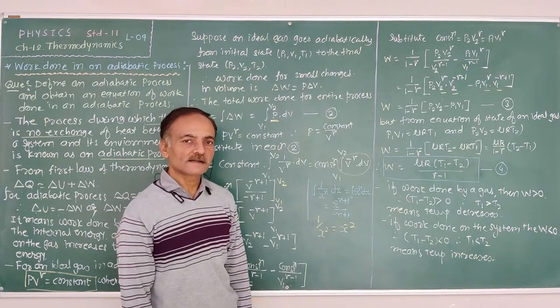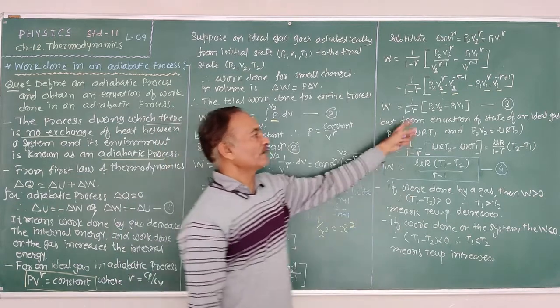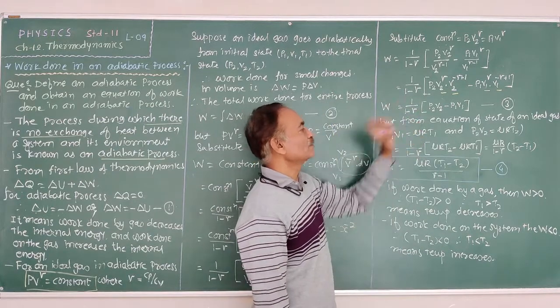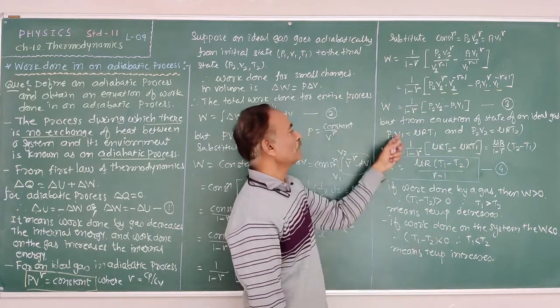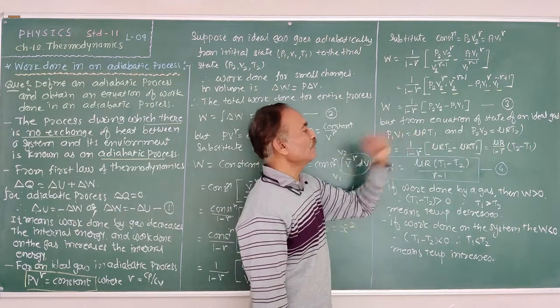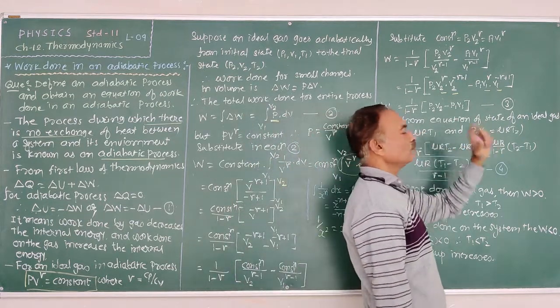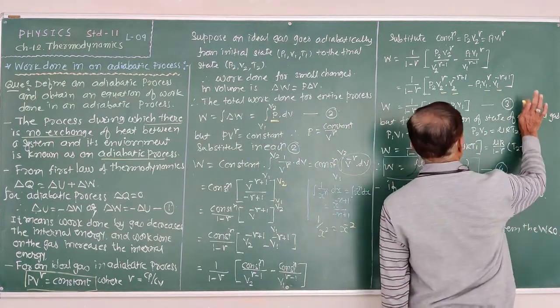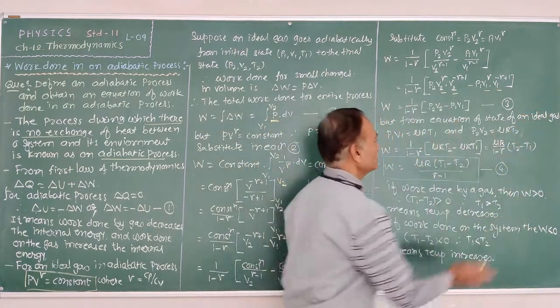Right? Okay. But from the equation of state of an ideal gas, PV is equal to mu RT. Therefore, P1 V1 is equal to mu RT1 and P2 V2 is equal to mu RT2. We substitute it here.